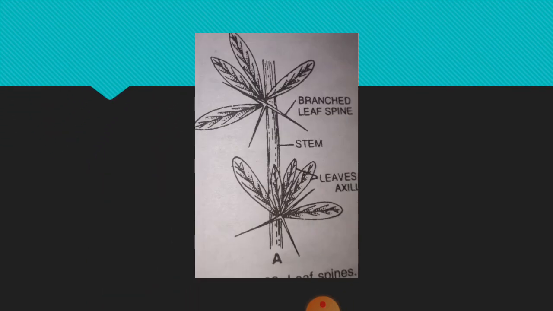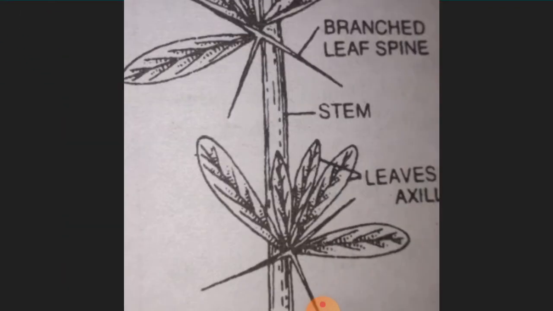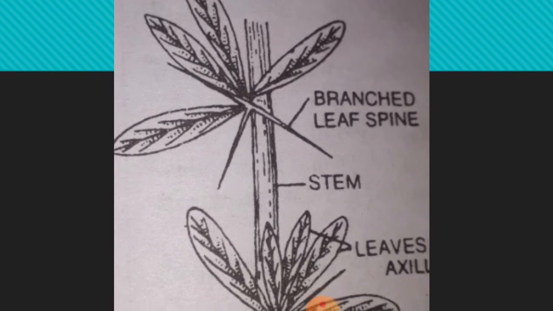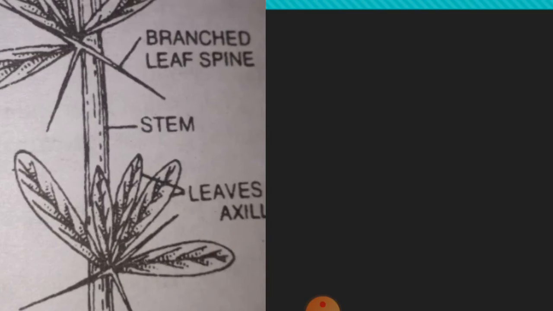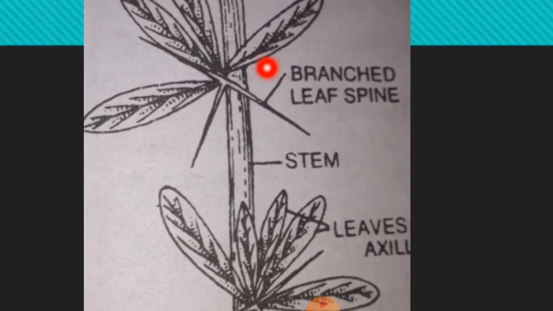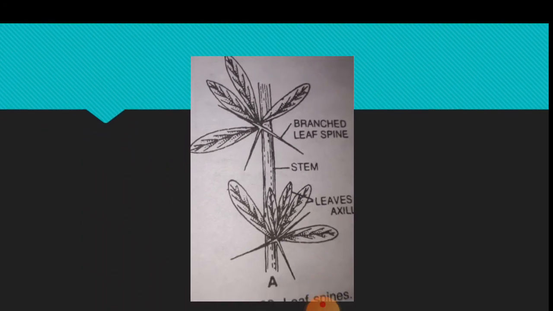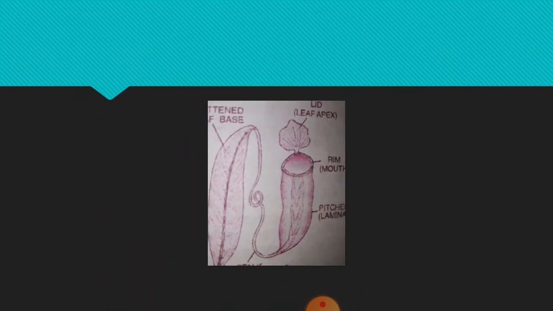The next function is protection from browsing animals by producing spines, as in Berberis and Opuntia. They have spines which protect the plant from browsing animals. The next function is that the leaf or leaf segment is modified into a trap mechanism for catching and digesting small animals in insectivorous or carnivorous plants, such as Nepenthes.